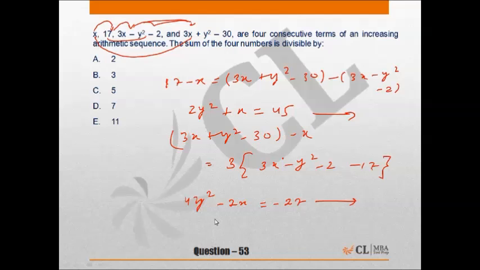After that we'll get the value of x as 13, and the quantity that we have to compute is x plus 17 plus 3x minus y square minus 2 plus 3x plus y square minus 30, which is equal to 7x minus 15, that is 7 into 13 minus 15. 91 minus 15, 76. So our required answer is 76.